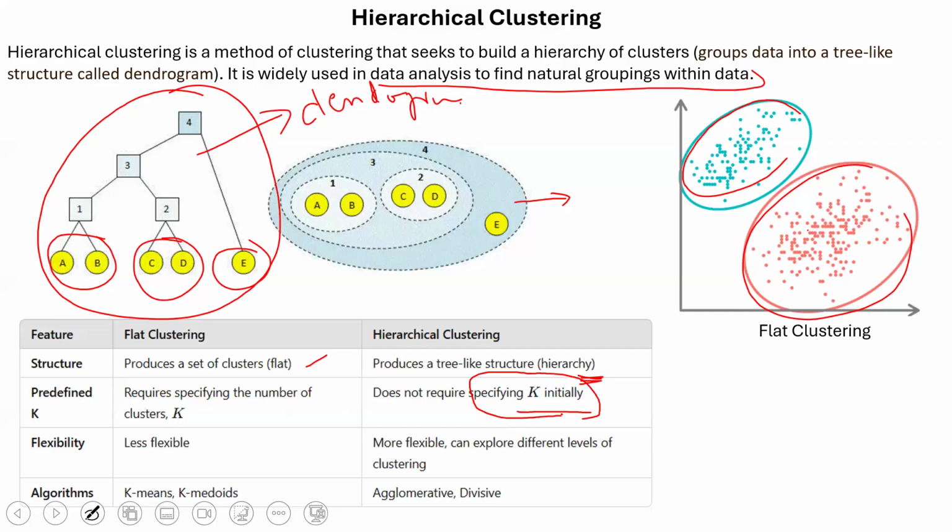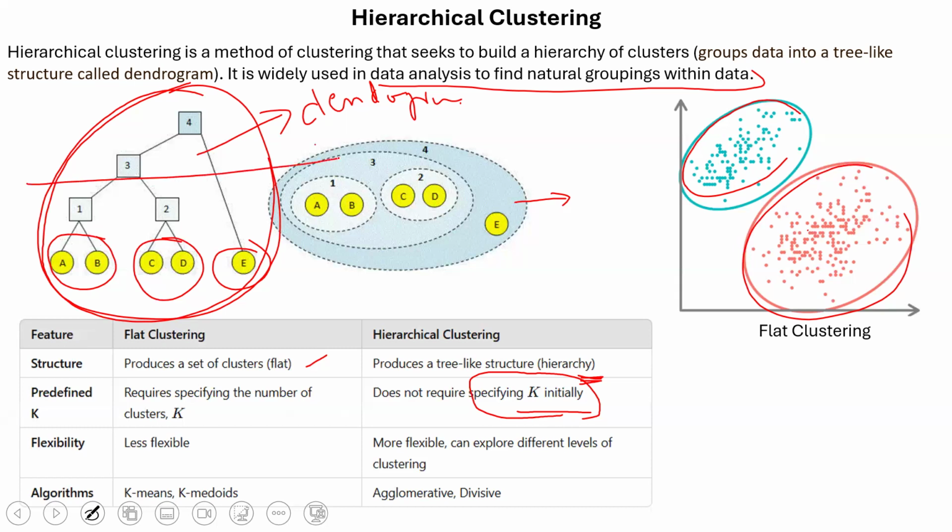Flat clustering is less flexible, whereas hierarchical clustering is more flexible and can explore different levels of clustering. That means once hierarchical clustering comes up with a particular output like this, a dendrogram, you can cut the dendrogram at any point.